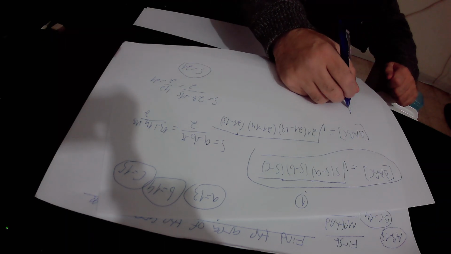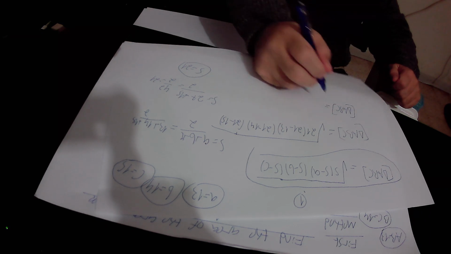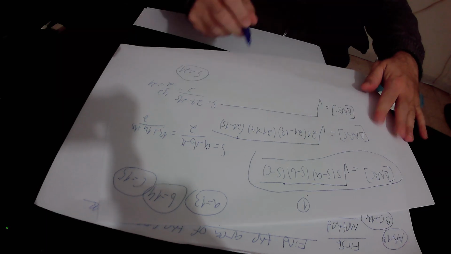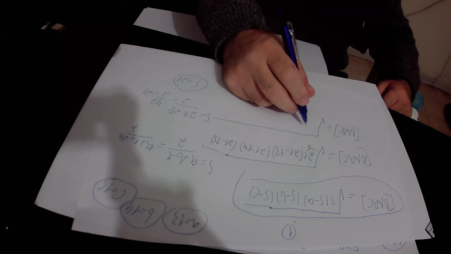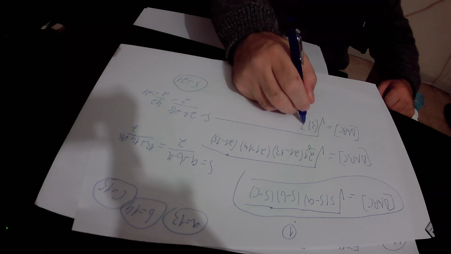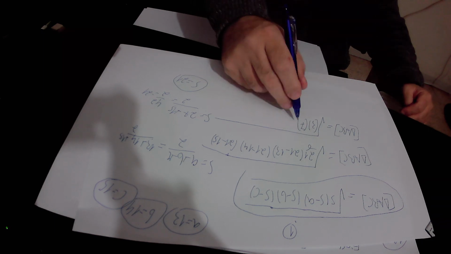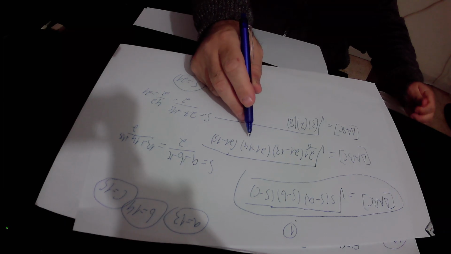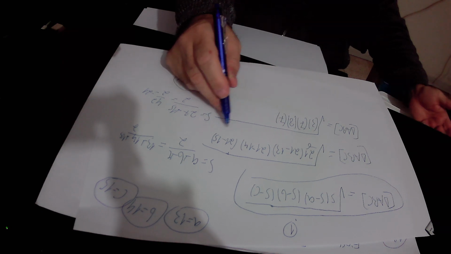So the area of triangle ABC equals the square root of 21. We'll substitute 21 by 3 times 7, and 21 minus 13 is 8. 21 minus 14 is 7, times 21 minus 15 is 6.